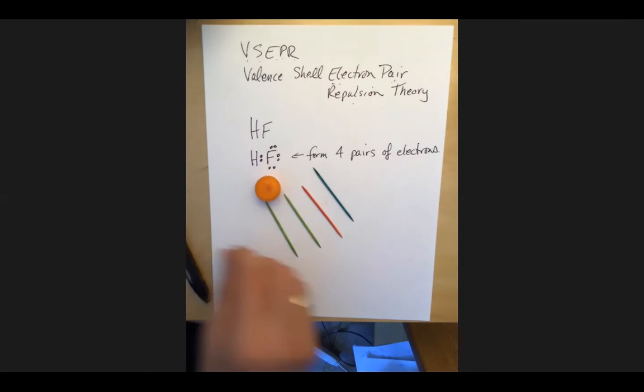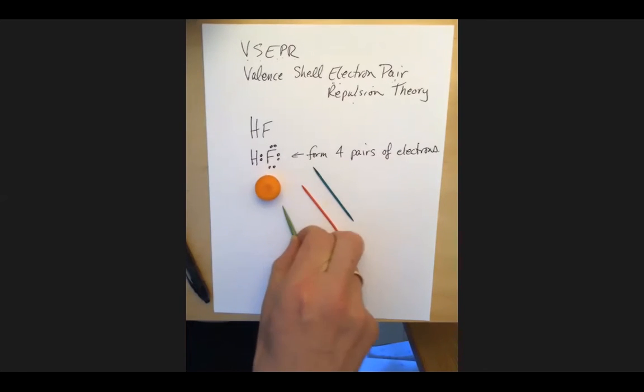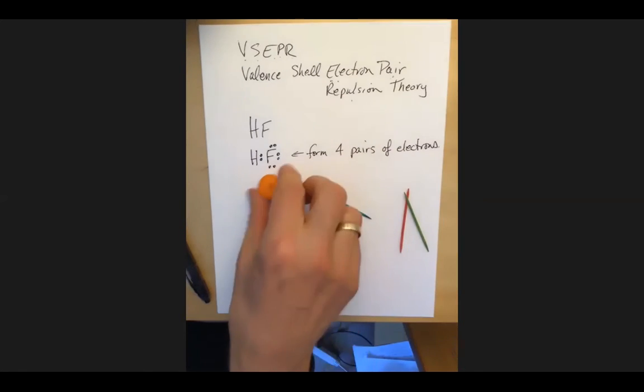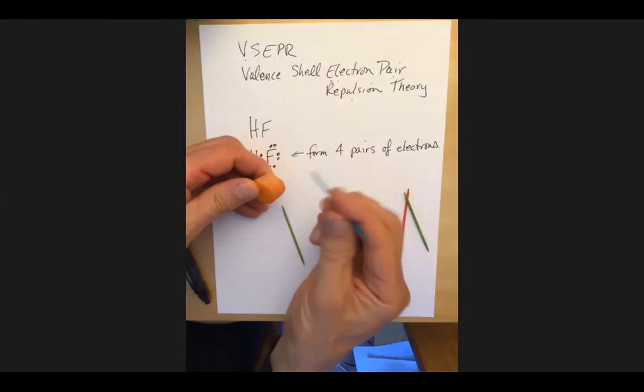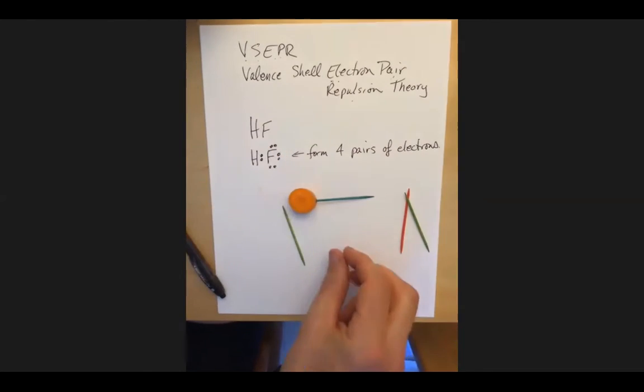So first I'm just going to quickly take 2 sets of electrons and put them on my fluorine. So I'm going to take away 2 of them for the time being. And I'm going to take 1 pair of electrons and stick them in my fluorine. Okay? Just like that.